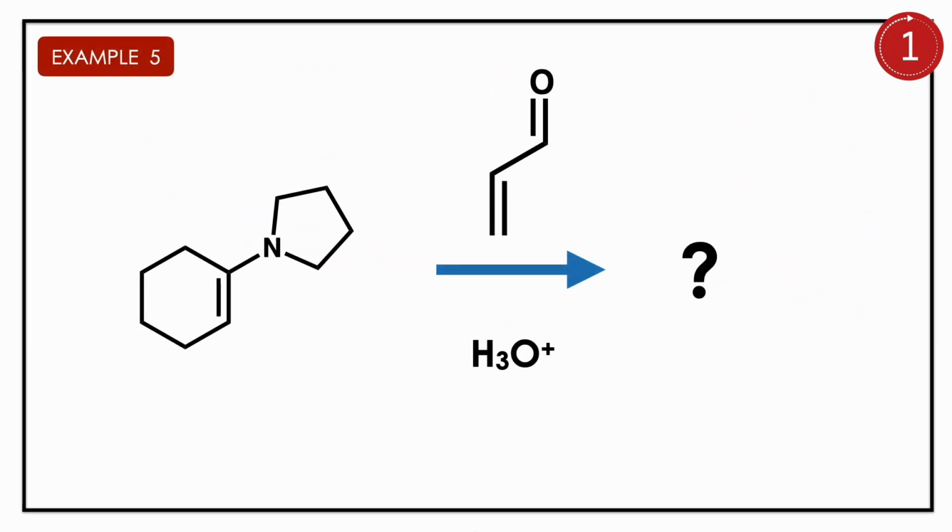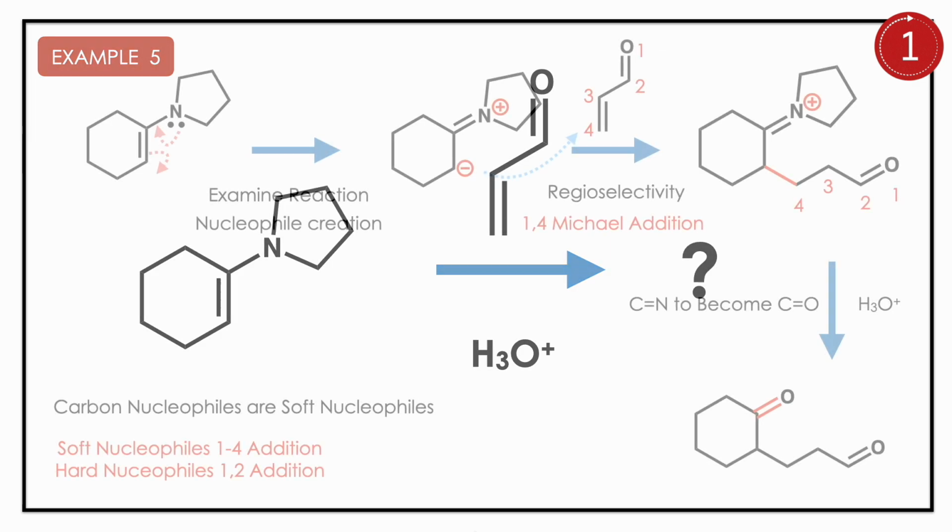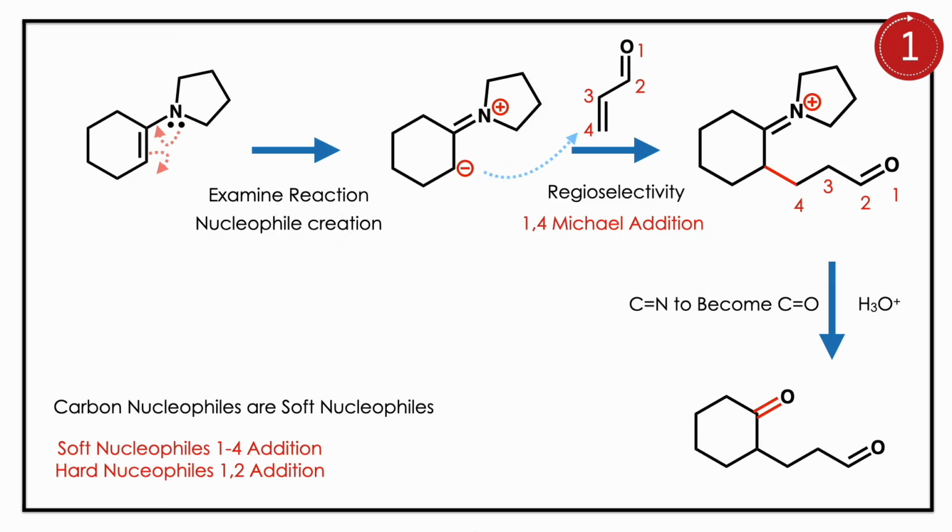Then the next example, you have cyclohexene attached with an amine. It is like an enamine. You are reacting with alpha, beta unsaturated ketone and you are using acid hydrolysis. You should find what will be the final product. Here you have an enamine.